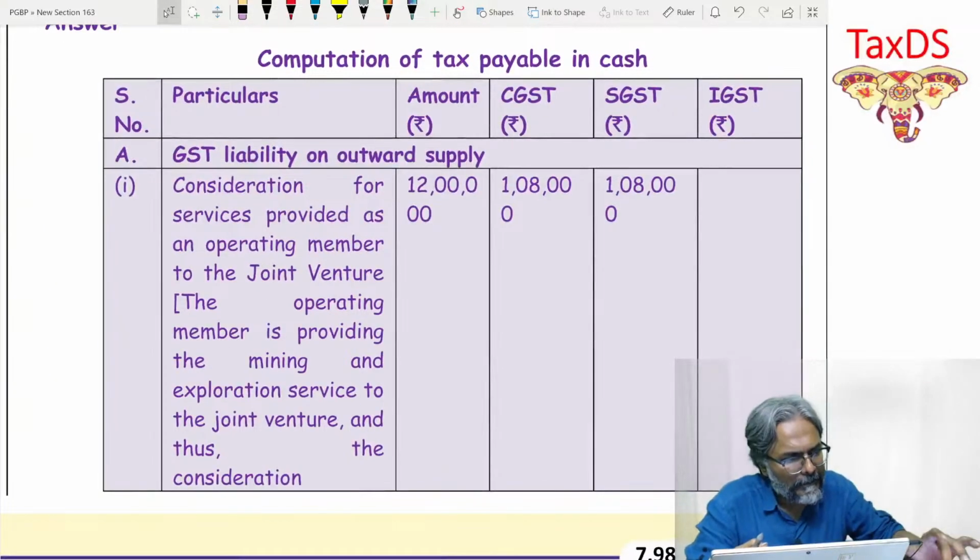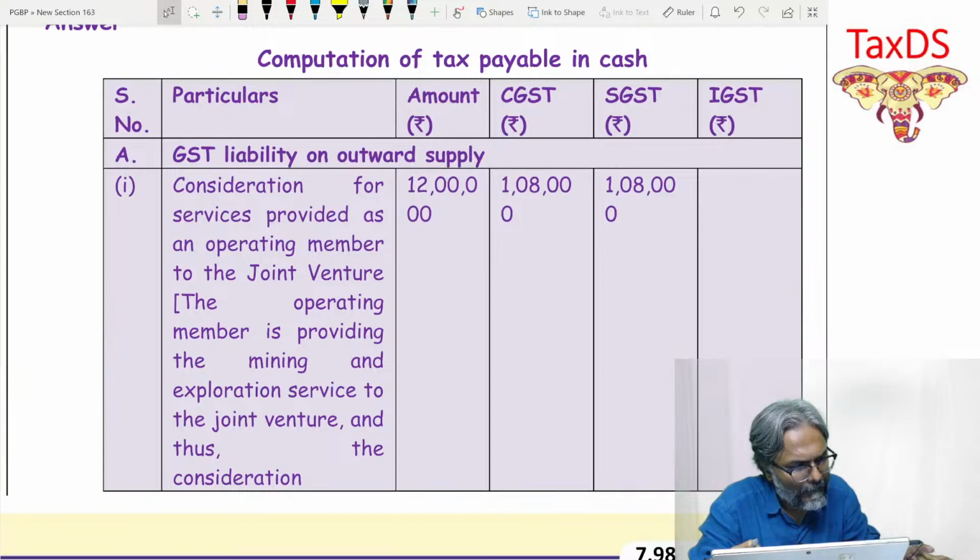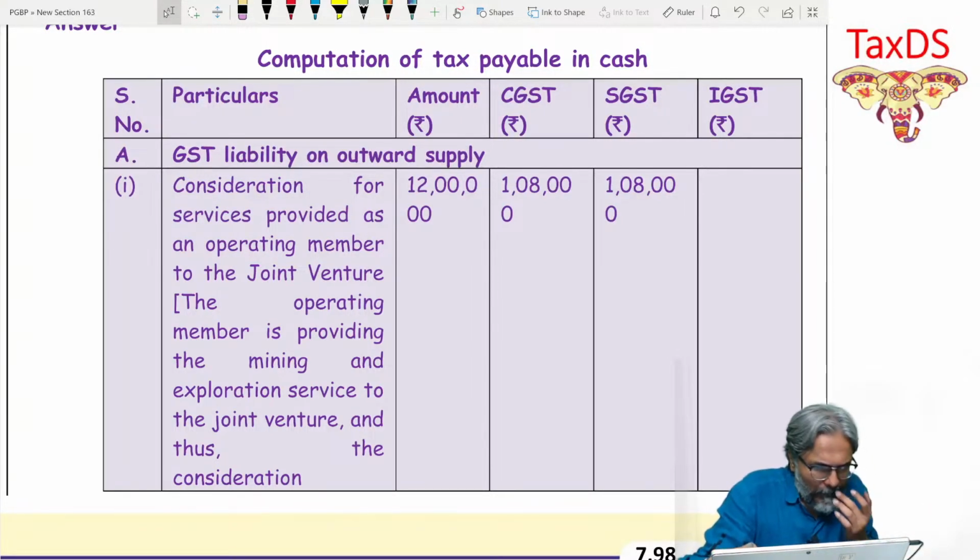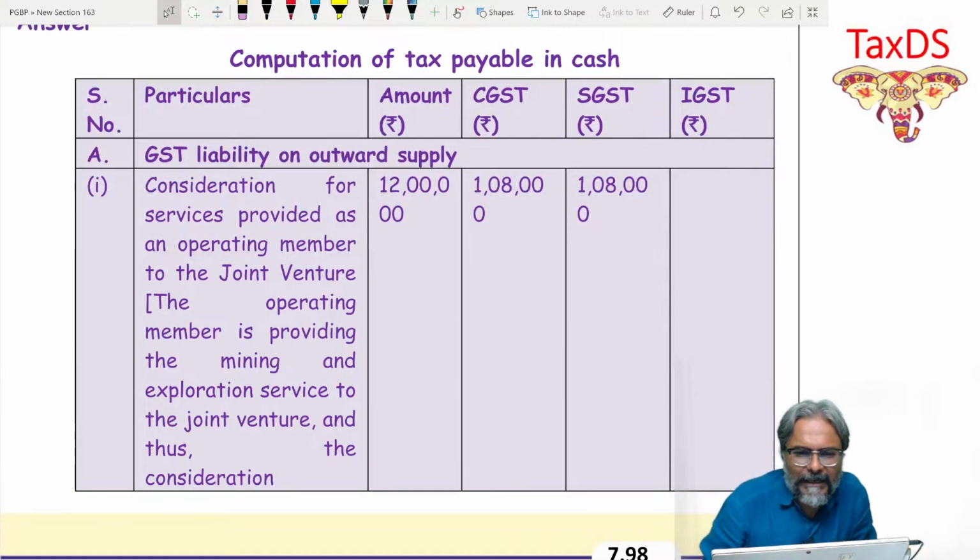Please have a look, friends, over here. So, students, over here, computation of tax payable in cash.